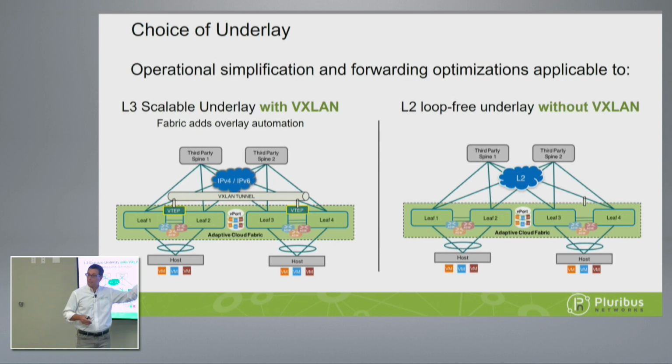Can you give me these advantages on my standard traditional layer 2 network? And the answer is yes. So we can build a loop-free layer 2 environment and still have the operational simplification and the forwarding optimizations we discussed. Of course, there's no tunnel automation in there, right? Or overlay automation, but everything else is available. And again, this speaks to the freedom of choice of underlay and technologies you want to mix up.